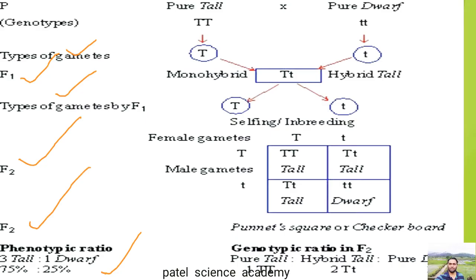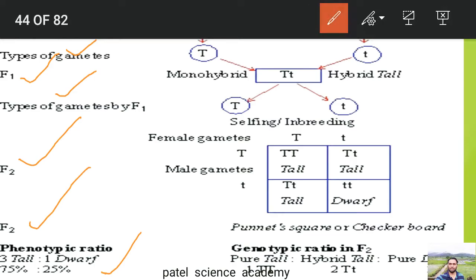Tallness is indicated by capital T, and dwarfness is indicated by small t. So first we have seen the parental phenotypes, tall parent and dwarf parent. Then the genotypes: capital T, small t. Thereafter their gametes: capital T will form a capital T gamete, and small t will form a small t gamete.